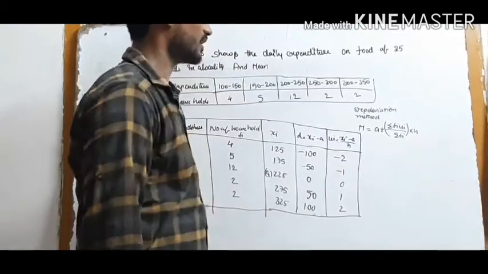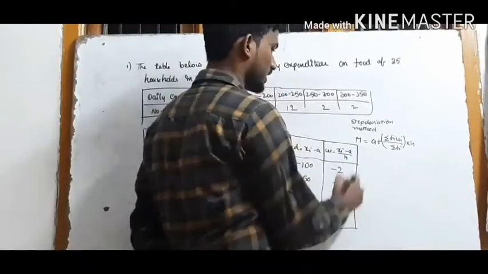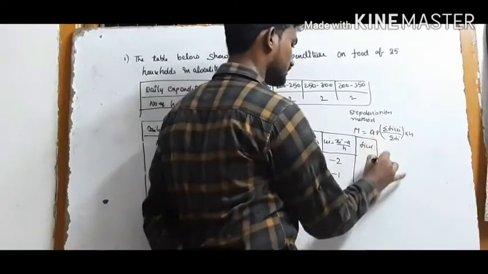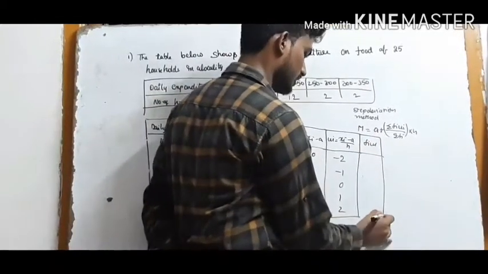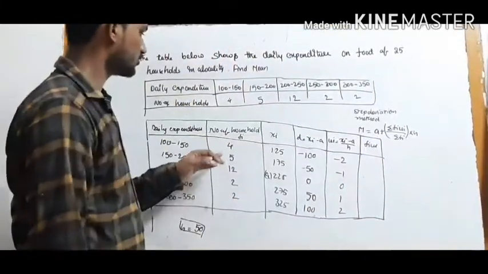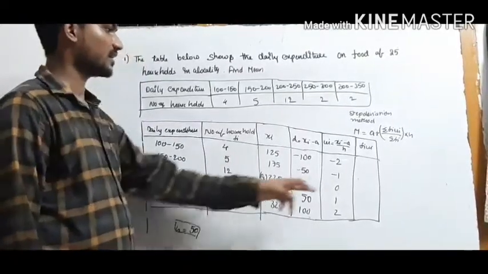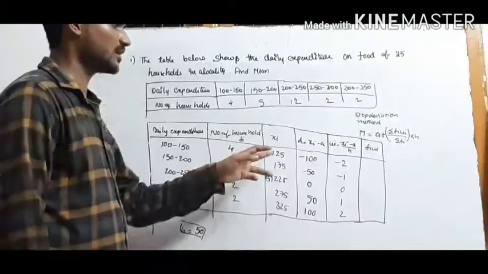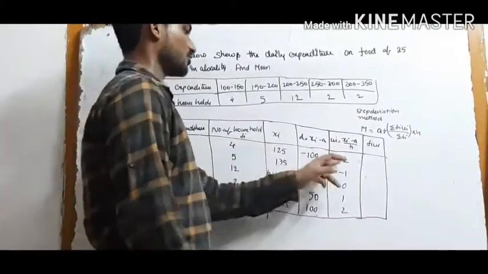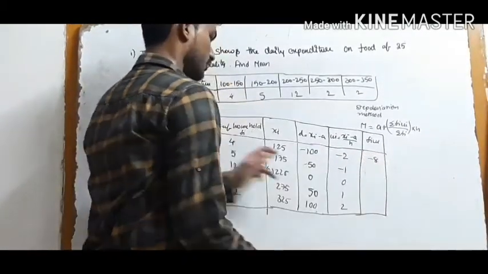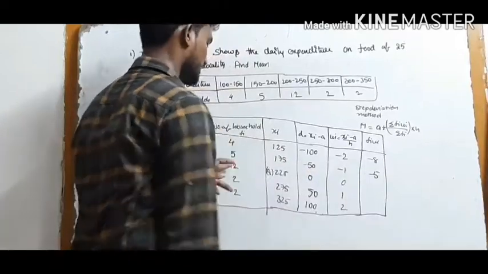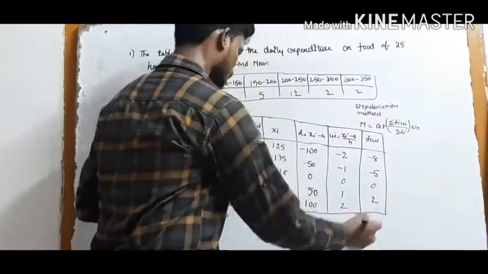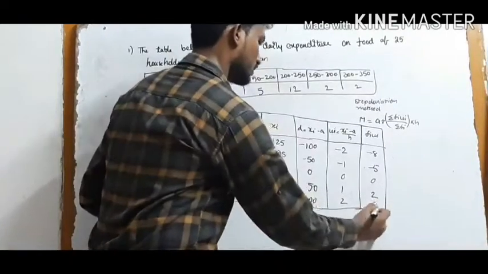This is the ui. We want to find sigma fi ui. Here fi is the frequencies, and ui is this one. fi ui is the multiplication of both of them. 4 into minus 2 is minus 8. 5 into minus 1 is minus 5. 12 into 0 is 0, 2 into 1 is 2, 2 into 2 is 4.